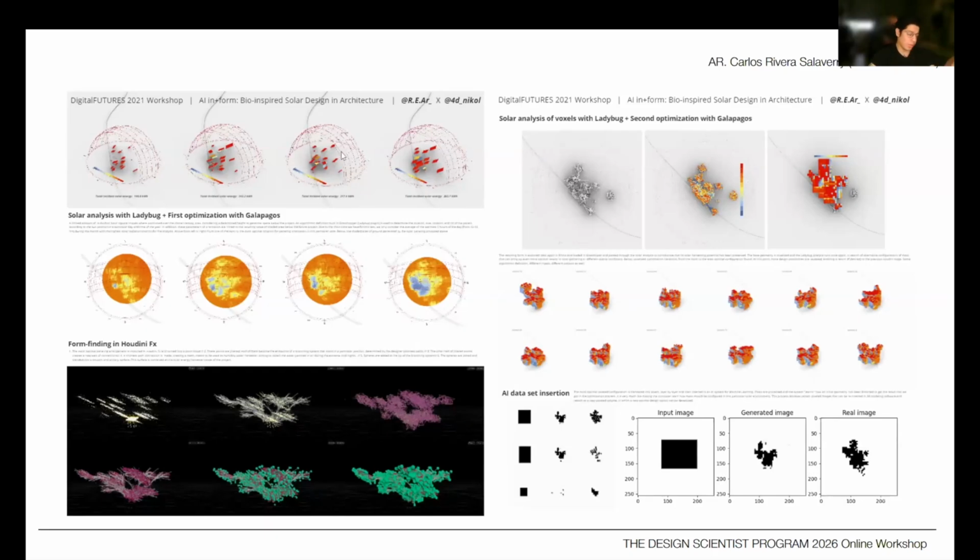We ran the solar analysis with Ladybug and started optimizing, so these panels started tilting towards the direction in which they could get the most radiation during this period of time. Also, the shade that these panels produced was analyzed and projected with Ladybug.